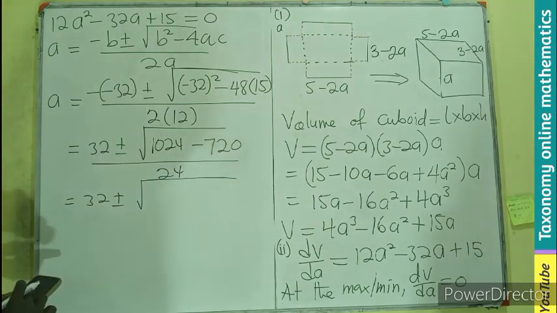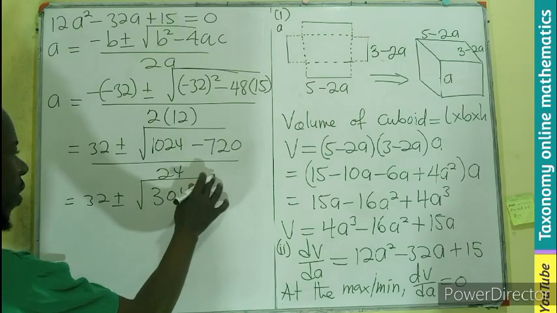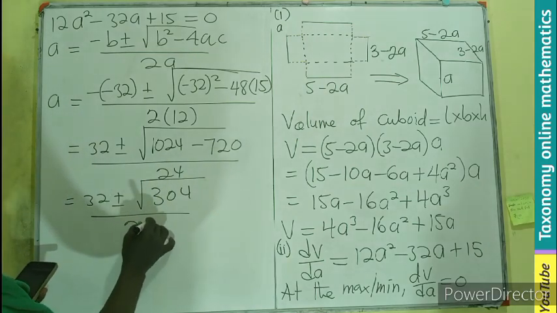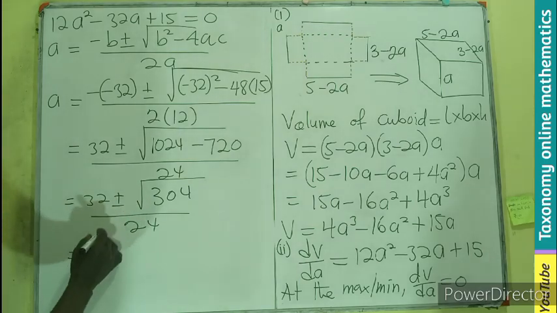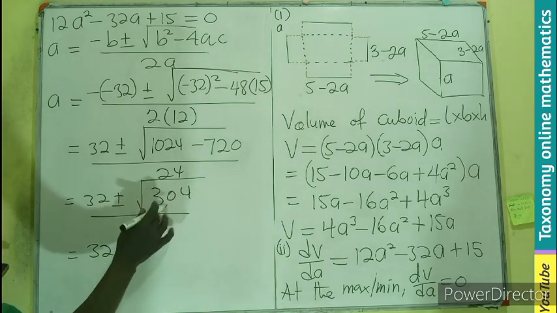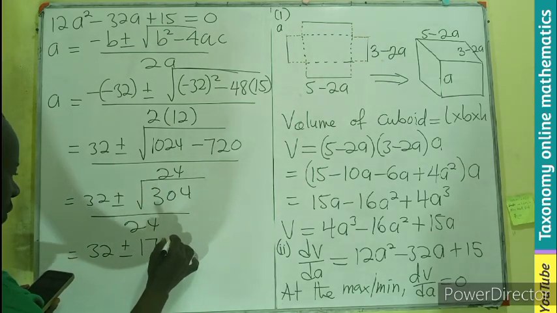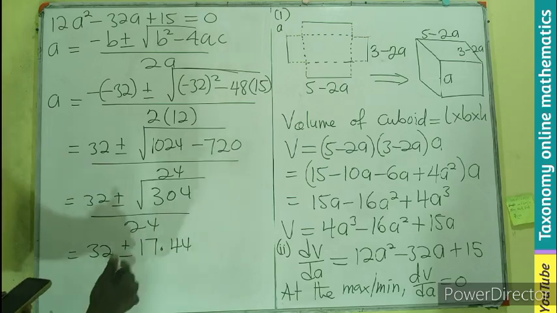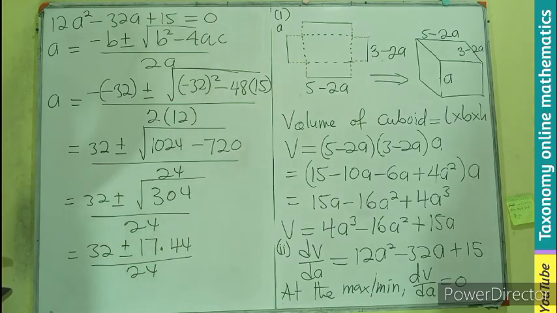If you subtract this, we have 304 divided by 24. So from here, we can have 32 plus or minus the square root of this, which will be 17.44 to 2 decimal places, divided by 24.